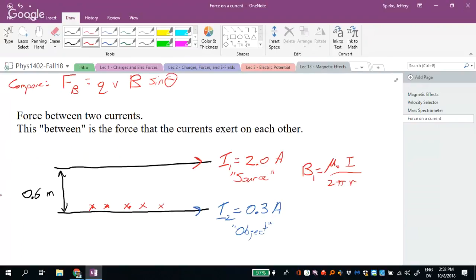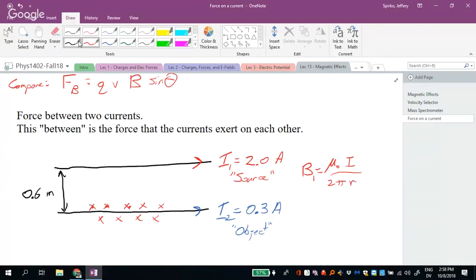So it's coming out above, down the front, and into the page there. And the second current is kind of bathing in a region where the magnetic field is pointing into the page. And we're calculating now the strength of that magnetic field.